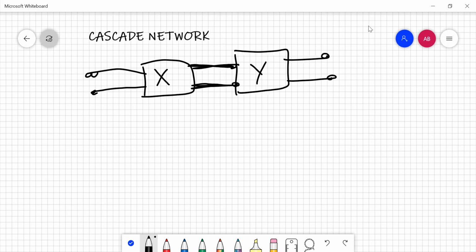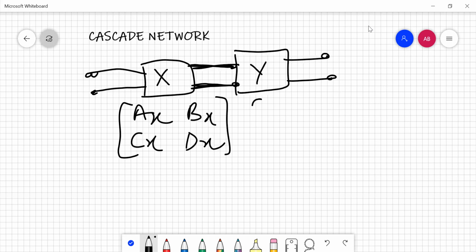So basically what you have to do is you have to calculate your ABCD parameters for the X network. And similarly, the ABCD parameters for the Y network. And then you have to multiply them.